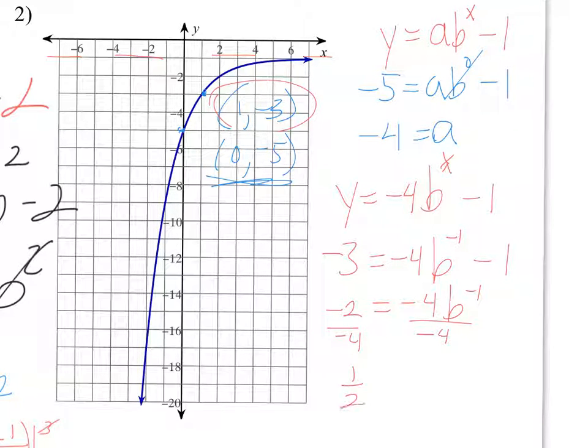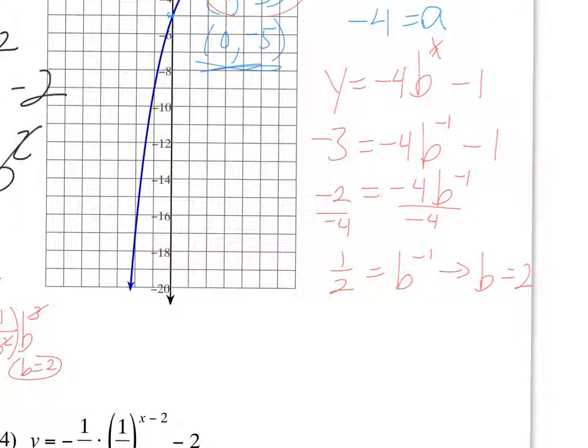And I get a half is equal to b, which means that b is equal to 2. My equation, therefore, would be y is equal to, we said a was -4, b is 2 to the x, and then we've got -1 as my asymptote.